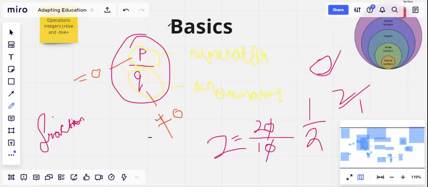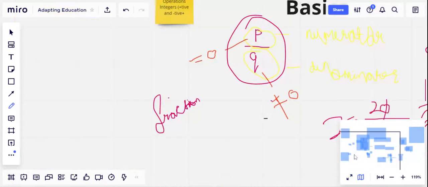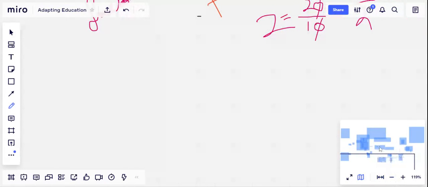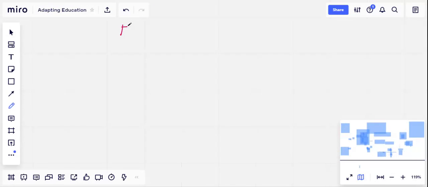Now we are going to understand the concept of fractions much more in a nice way. So I'll just move this up. Now I'll write over here fractions.